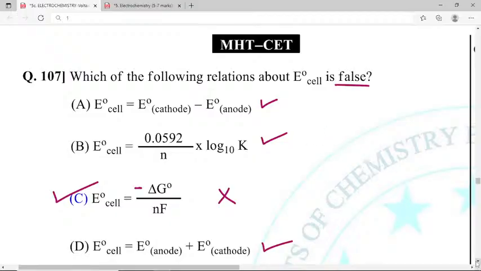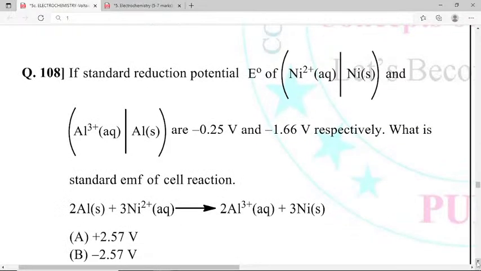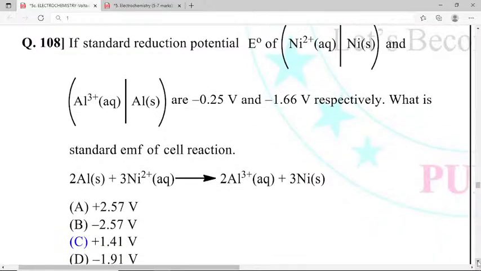Question 107. If standard reduction potential E naught of nickel, aluminum and silver are given, what is the standard EMF of the reaction?